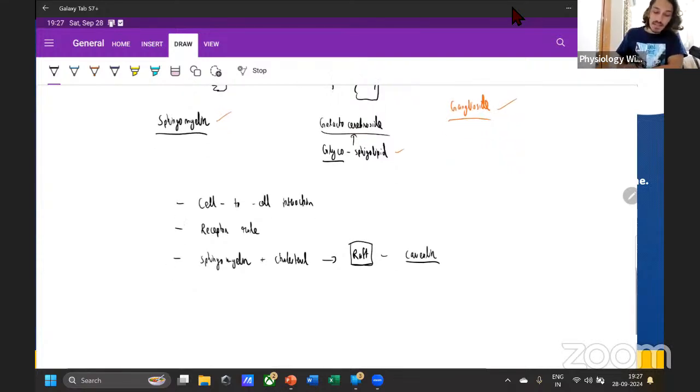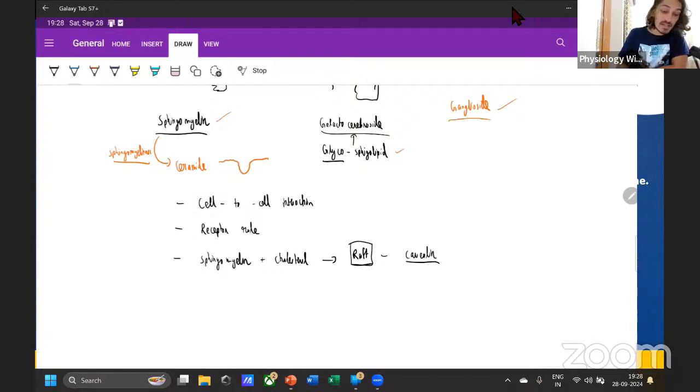Also, the sphingomyelin, by the presence of a particular enzyme, sphingomyelinase, which is usually present in the lysosome, can bring out ceramide components. So ceramide components have some role in helping in invagination of your cell membrane.